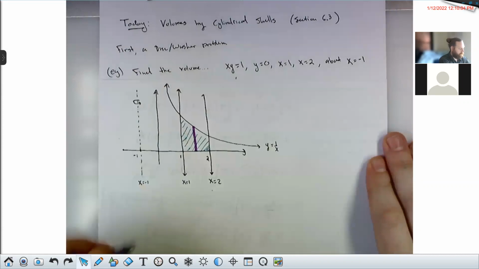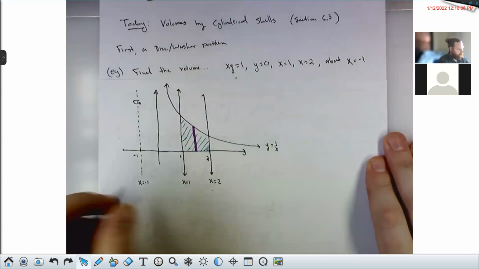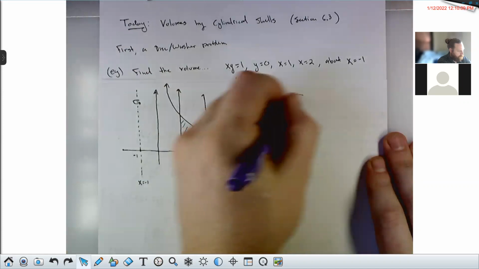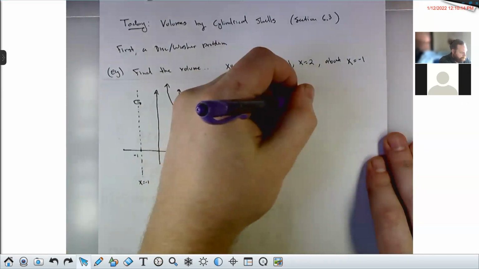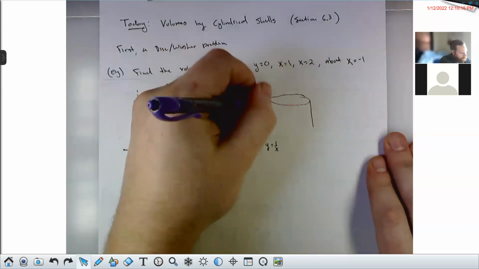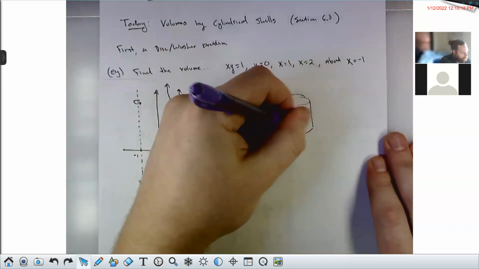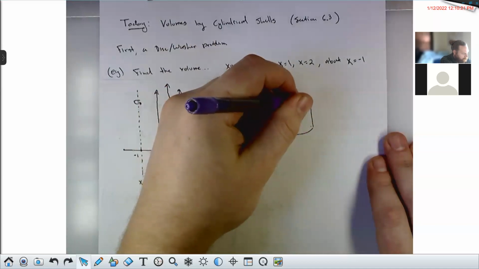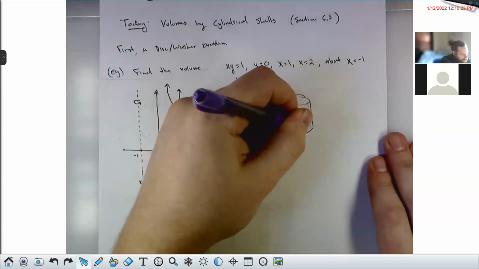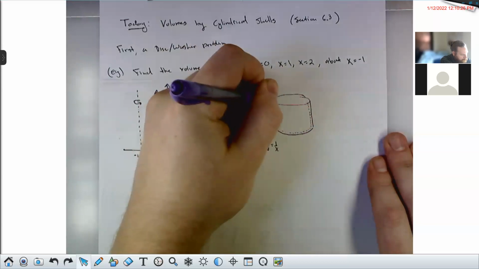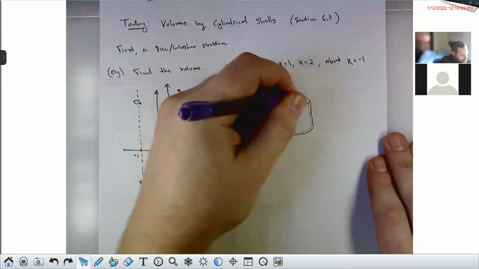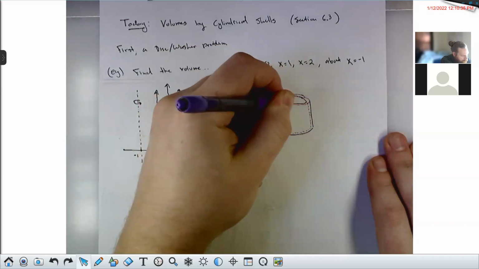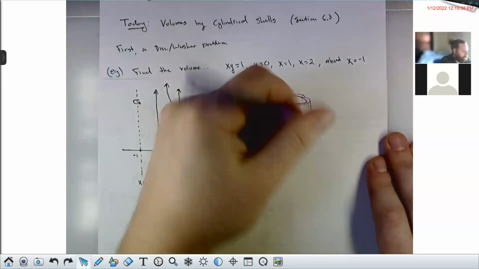If I were to revolve just that little strip, I'm not going to draw it full size here, of course I would get a little cylindrical shell, looking something like this.